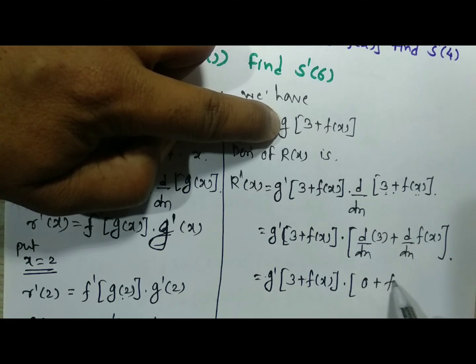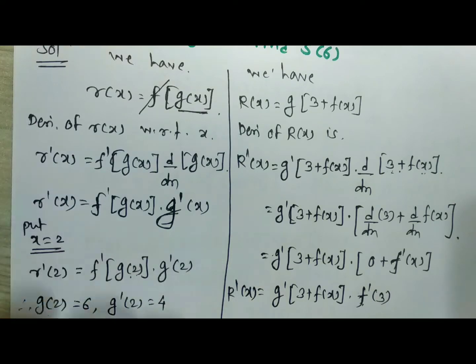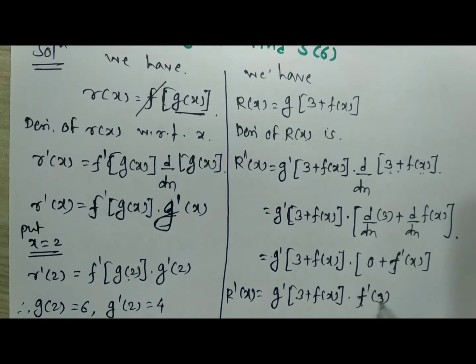Putting the values, therefore r dash x is equal to g dash 3 plus f of x into 3 plus f of x into f dash x. F dash x is here. Right now we have to carry out f dash x.